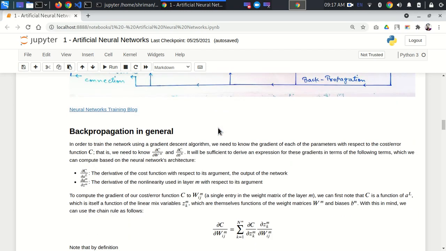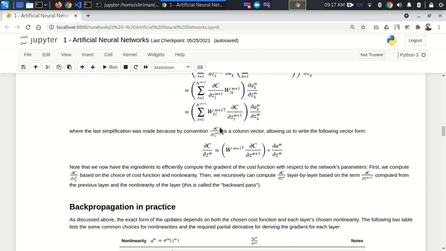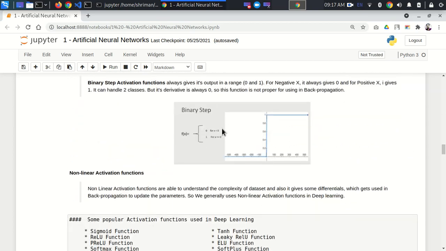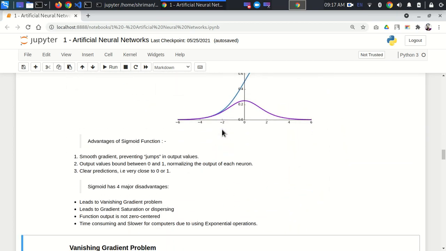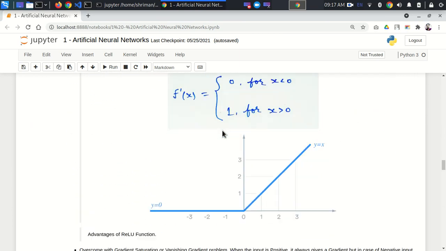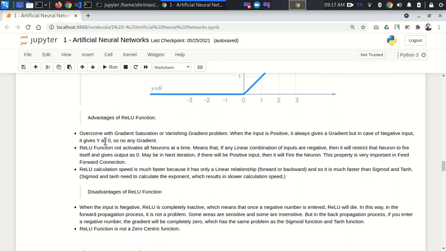Now, come to that point. Yeah, fine. So this is the ReLU function. Maybe in the next iteration, if there is a positive input, then it will fire the neuron.